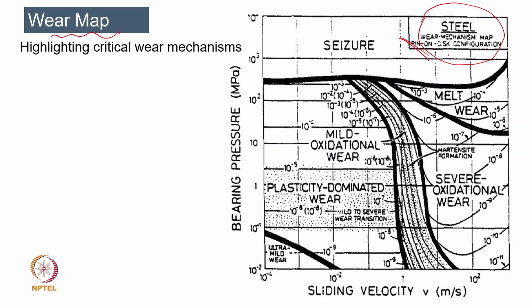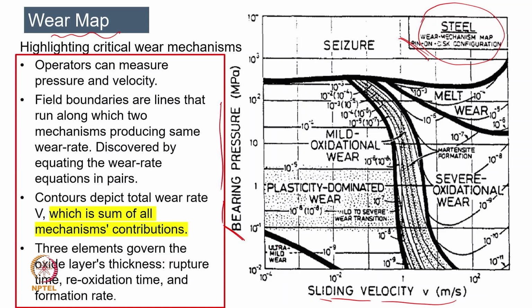Here we are using the pin on disc tribometer, and this wear map comes with the parameters sliding velocity and bearing pressure, which can be measured easily. You can see the wear coefficient values 10 to the minus 9, 10 to the minus 6, 10 to the minus 7. As the sliding velocity increases, we find the coefficient is decreasing.